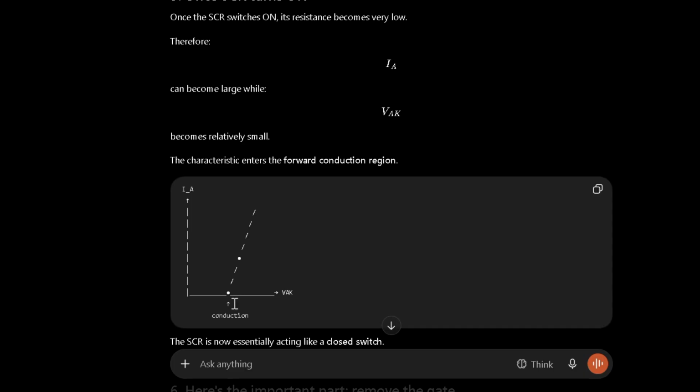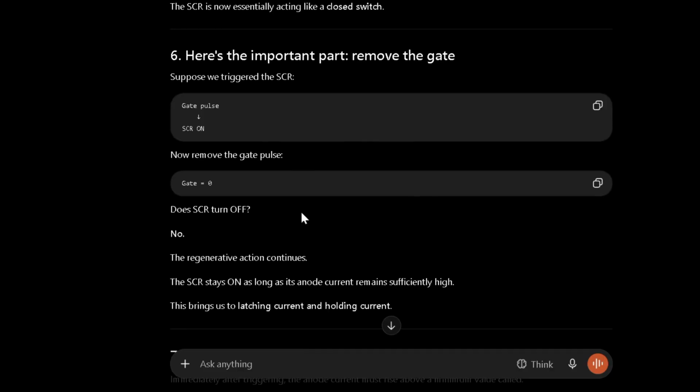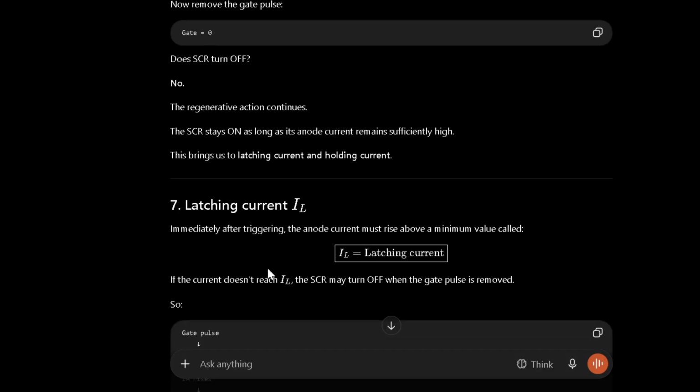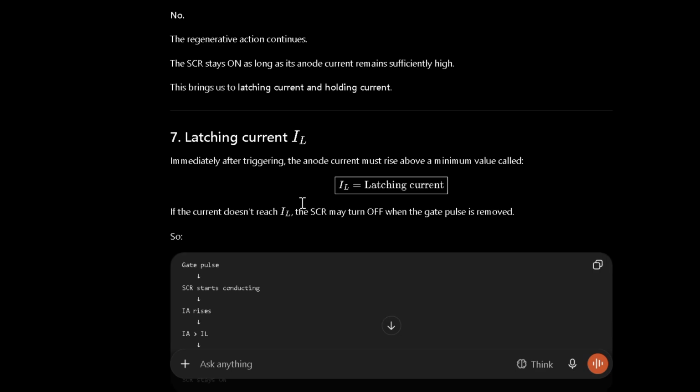Here is the important part: when we remove the gate, it doesn't turn off. It still holds the switched-on state. So IL is the latching current. If the current doesn't reach IL, the SCR may turn off when the gate pulse is removed.